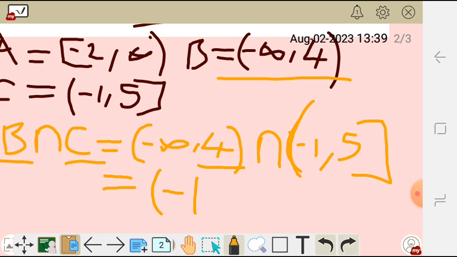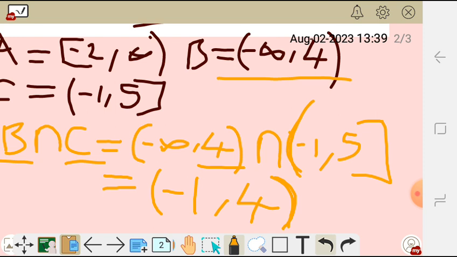Okay, so we're going to use 4 and we are going to use a circle bracket. Why? Because 4 is not included. Because 4 is not found in both sets. Okay, we have 4 here, because this one involves numbers from negative 1 to 5. Okay, but here we do not have 4 in that set. It starts from 4 going to negative infinity, so 4 is not in both sets. That's why we have used this circle bracket.